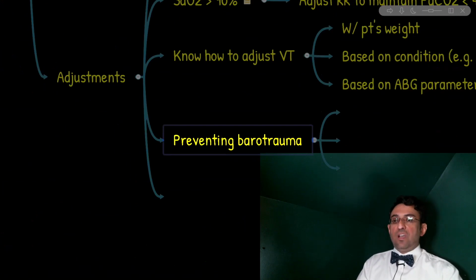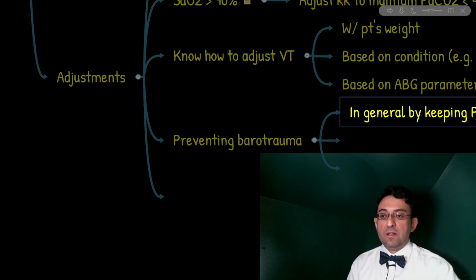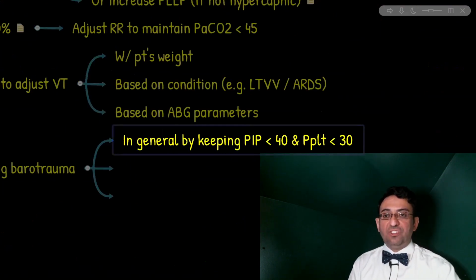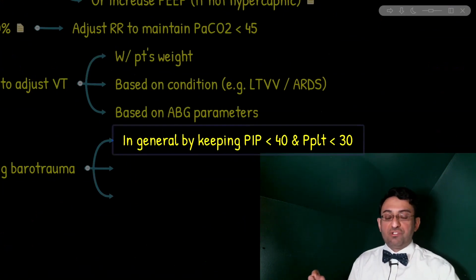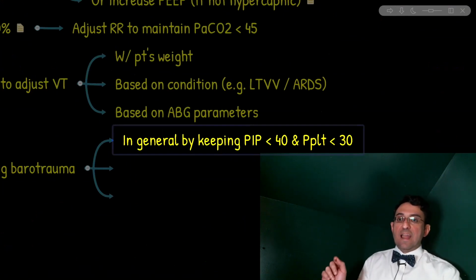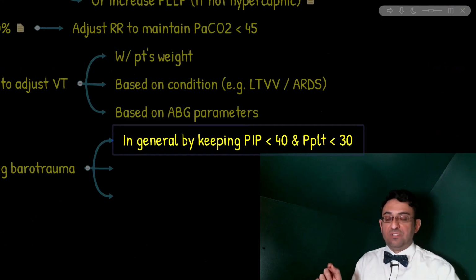Next is a case of a patient on mechanical ventilation, and you are required to reduce the possibility of barotrauma. What are the most important indices to look for? We want to make sure that peak airway pressure, or PIP, is less than 40 centimeter water, and plateau pressure is less than 30 to 35 centimeter water.